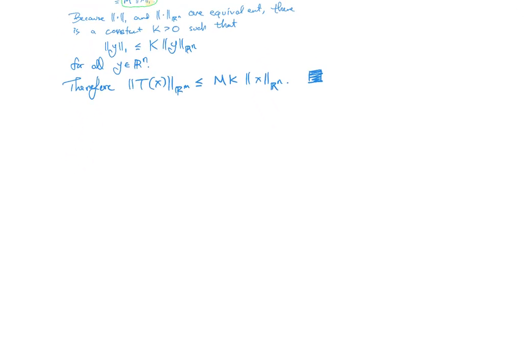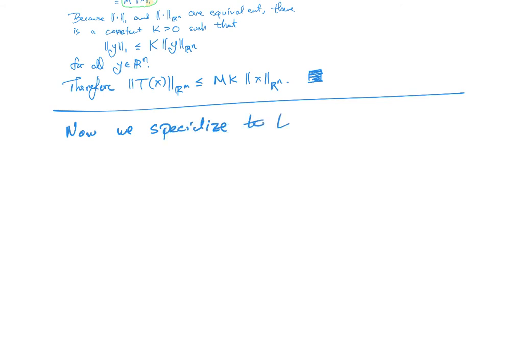So again, now we specialize to Euclidean space, Rn with the two norm. Well, D2 is the metric that comes from the two norm.